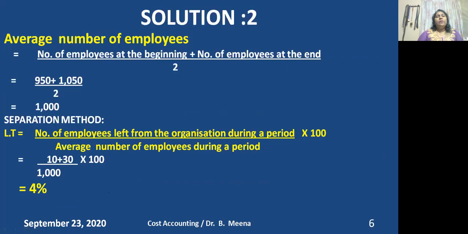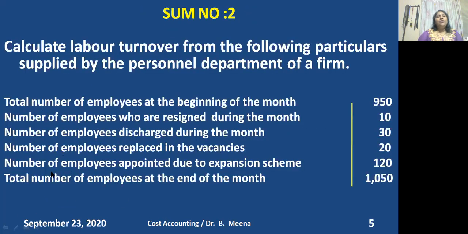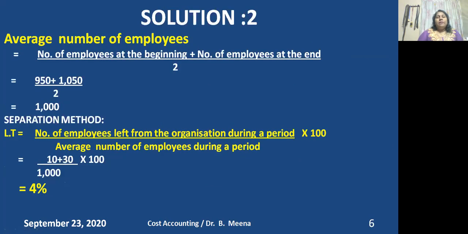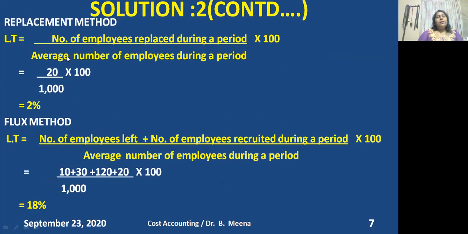So the thing is, whenever the problem asks you to calculate the labor turnover, you need to calculate the labor turnover under the separation method, under the replacement method, as well as the flux method. By applying the formula, first of all, we need to calculate the average number of employees: number of employees at the beginning plus number of employees at the end divided by 2.